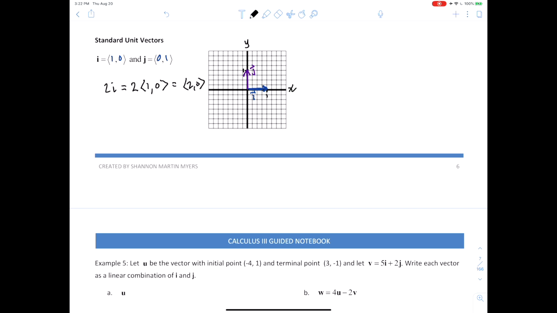So here, if you kind of think about this in general, if you've got some V equal to (v1, v2), then couldn't we write this as v1 times the vector (1, 0), plus v2 times the vector (0, 1)?